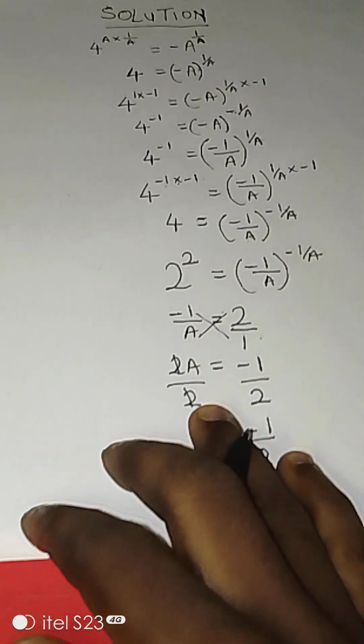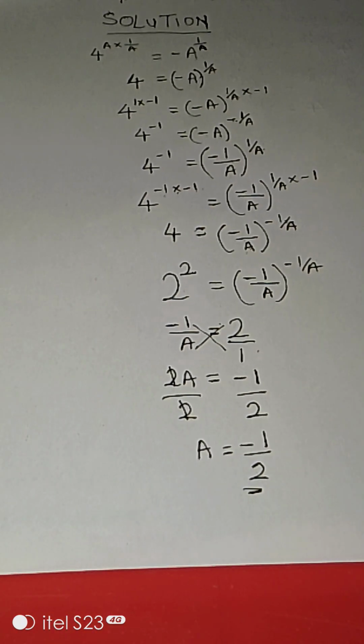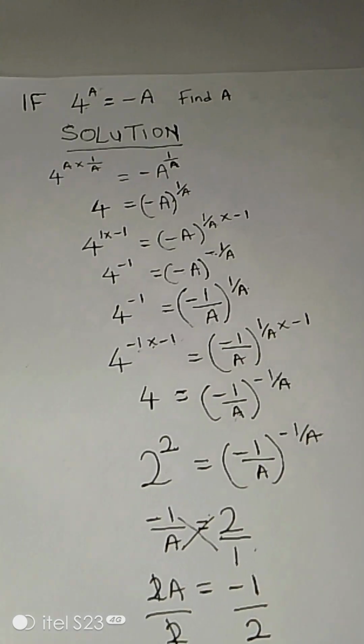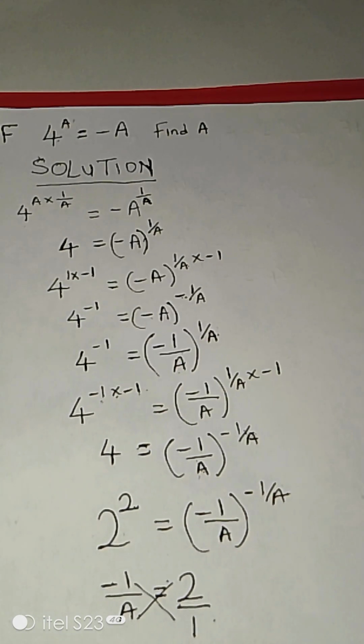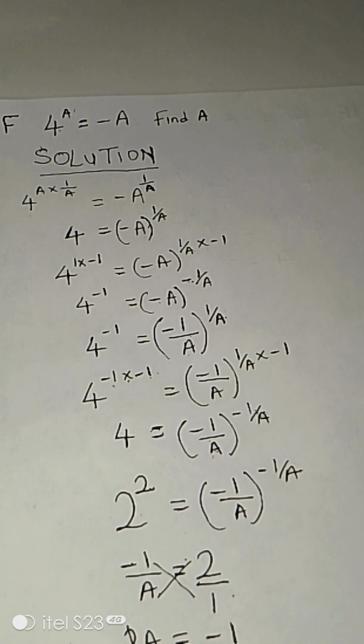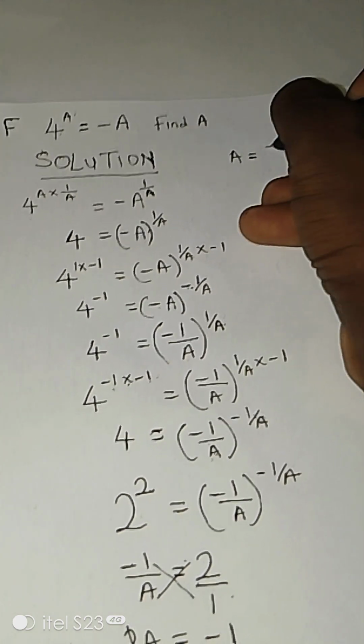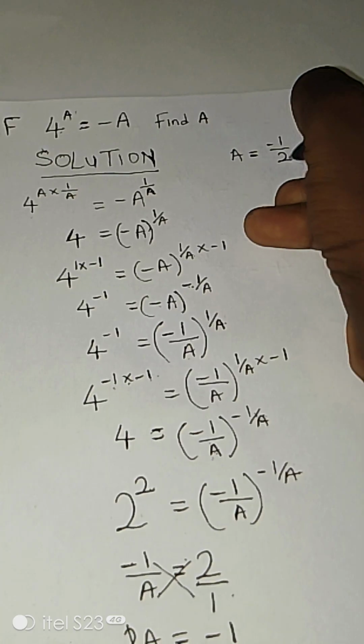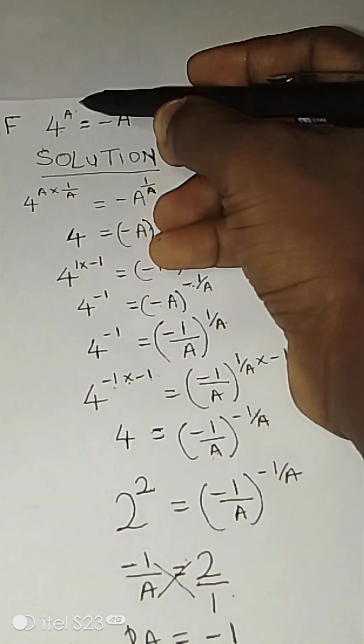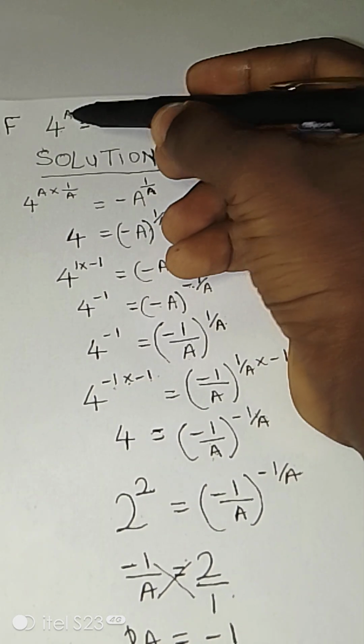Now, let us try as much as possible to cross-check. Now, if a equals minus 1 over 2, let us fix our a here.